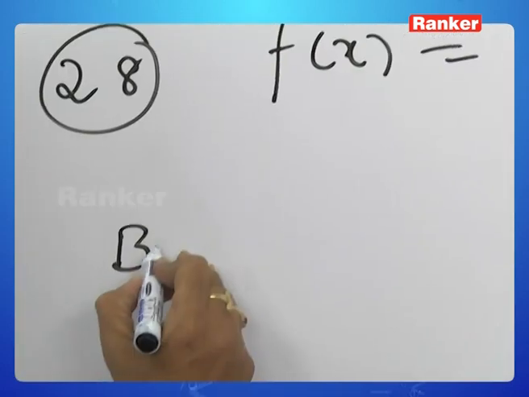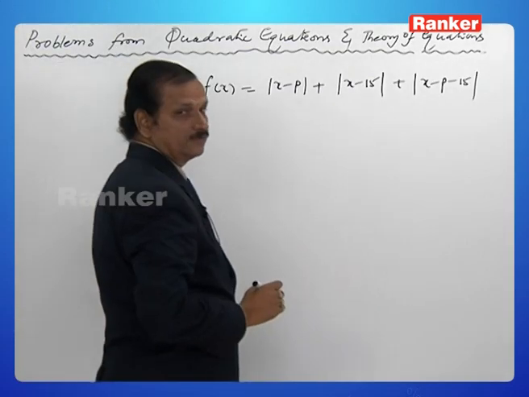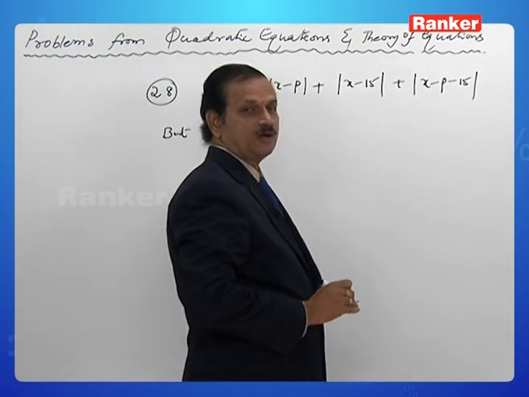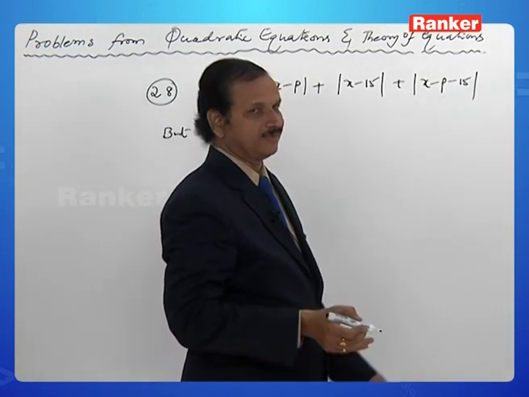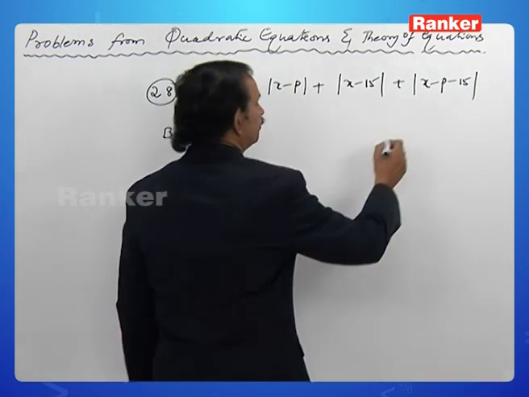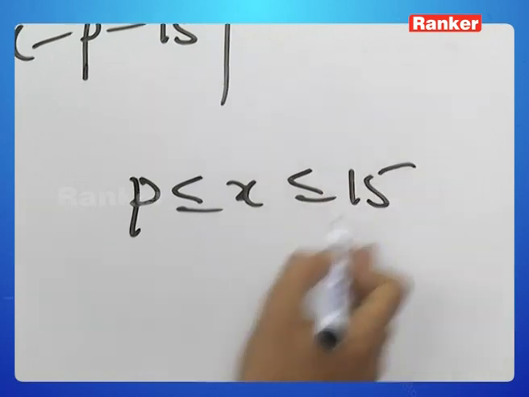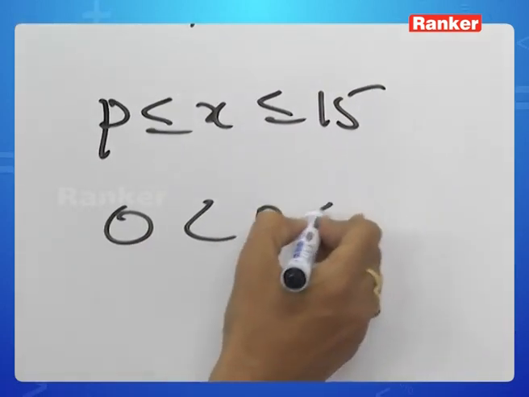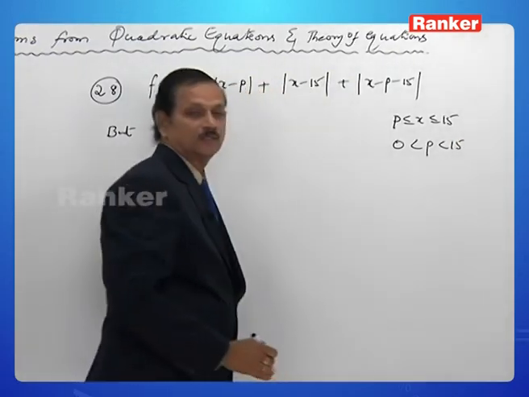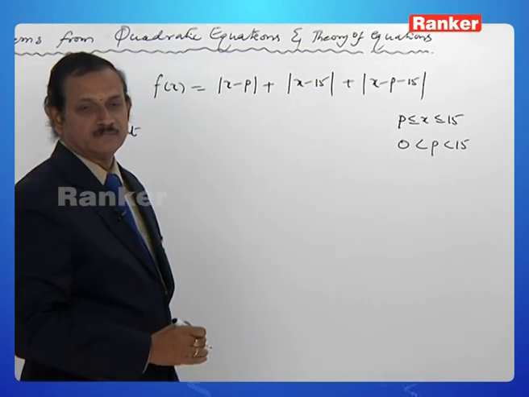But some pieces of information are also given regarding p and x also. What are they? P is less than or equal to x less than or equal to 15 and 0 is less than p is less than 15. Those are the things given.